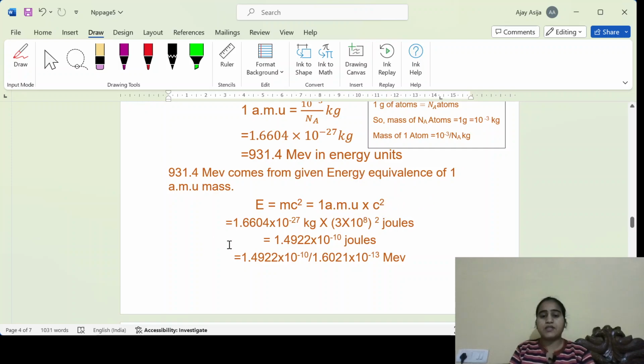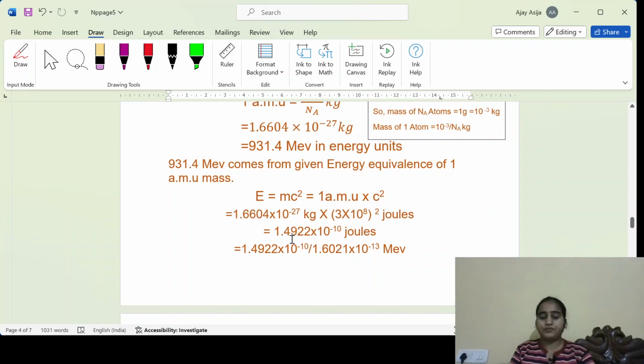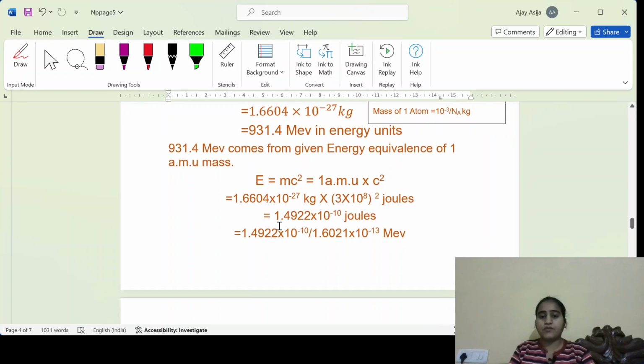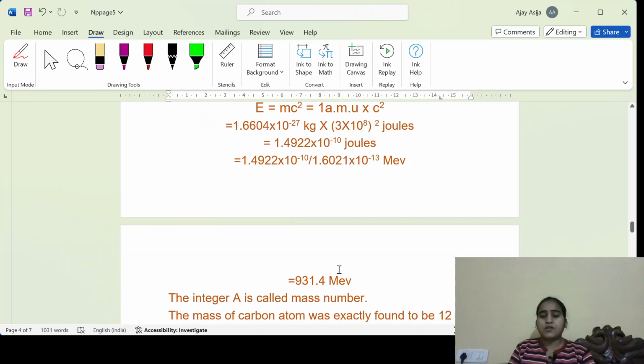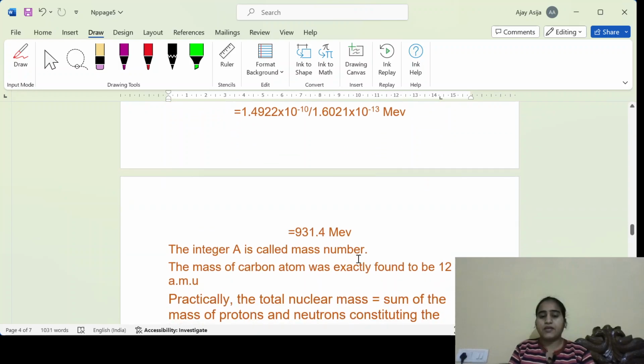One atomic mass unit is equal to 1.6604 into 10 to the power minus 27 kilogram, and c is 3 into 10 to the power 8, squared. When we solve this, we find that 1.4922 into 10 to the power minus 10 joules will be the energy of one atomic mass unit. When converted into mega electron volt, it comes out to be 931.4 mega electron volt.